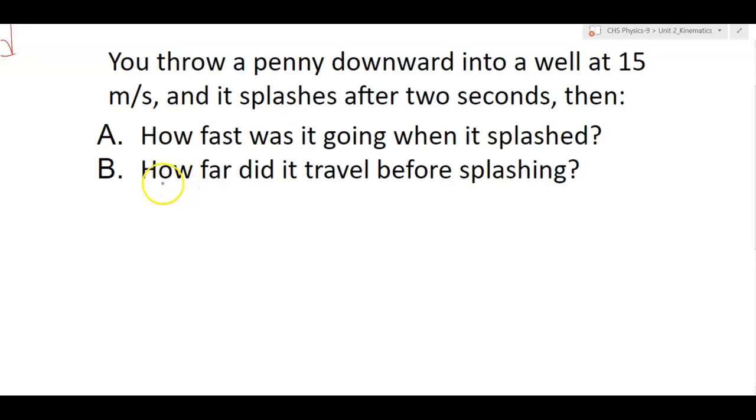So the equation that has how far, or like distance or displacement, you should be familiar with this already, but in case you aren't, you got this equation: d equals v1 t plus one half a t squared.